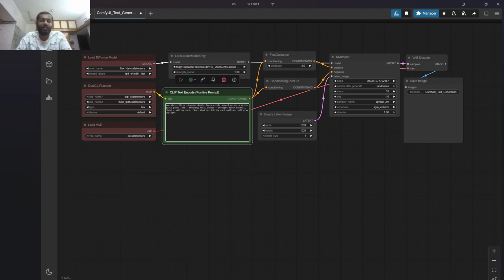Now the next part was to look for LoRAs. I was sure that there are no LoRAs specifically for this foggy rainwater text style, because in my initial research I broadly looked at whether there were any, but still I went deep into it.